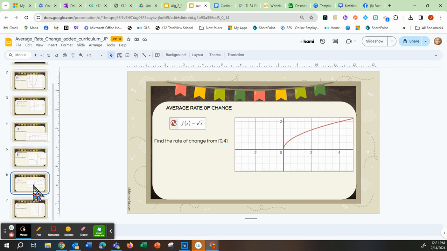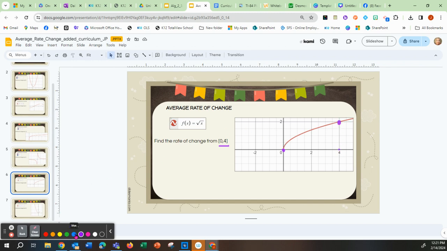This particular function is a radical function. It's asking us to find the rate of change or the slope from where x is 0 to where x is 4. So here's where x is 0, here's where x is 4. So go up to this point.